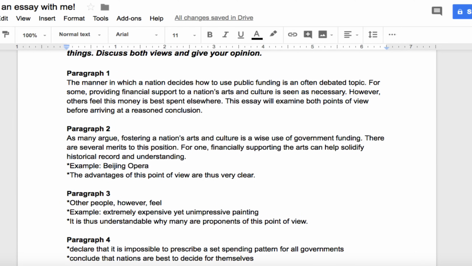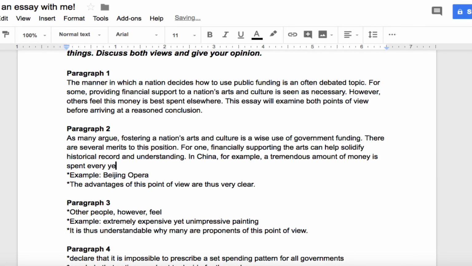And now we want to use our example of the Beijing Opera. So in China, for example, let's say that a tremendous amount of money is spent every year to preserve and promote the traditions of the Beijing Opera.